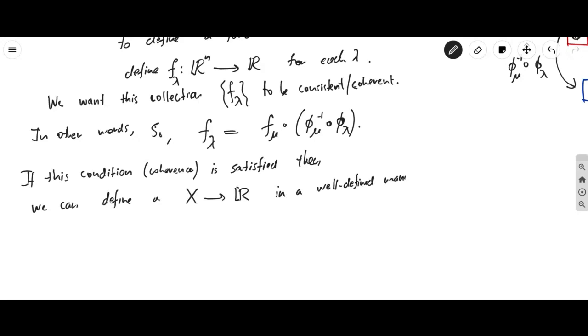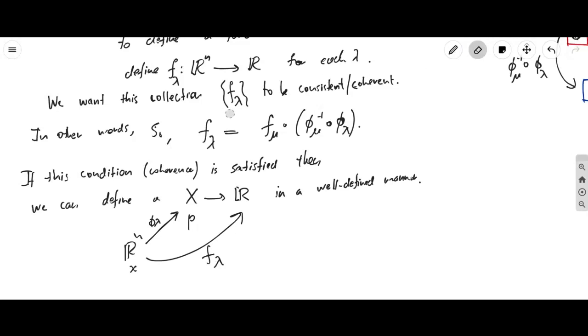So what do you do? Well, basically, if you give me a point P, how do I map P into R? The point P is in some chart. There's some chart R n, this lambda chart, that contains the point P. Let's call this X, so X gets mapped to P. And then I know how to map R n into R because I already have a function that does that for me.